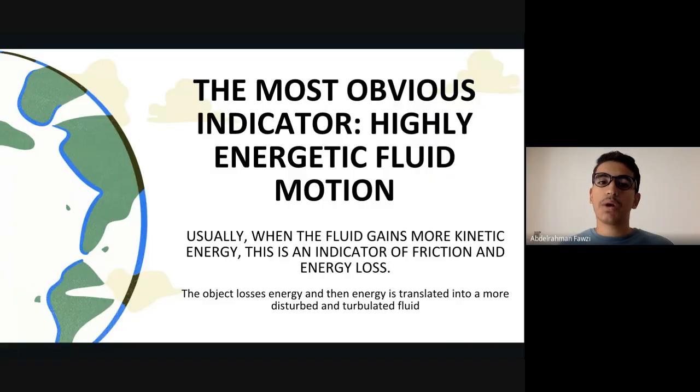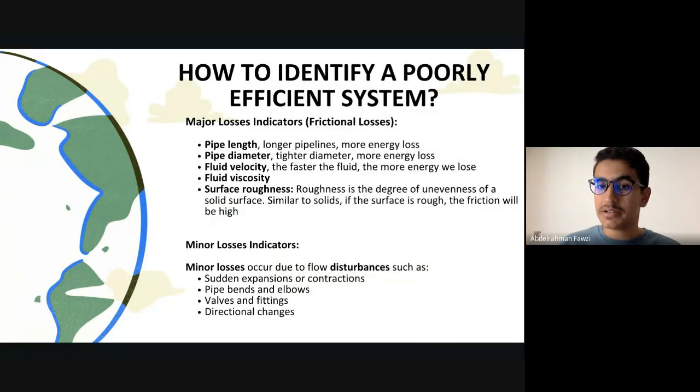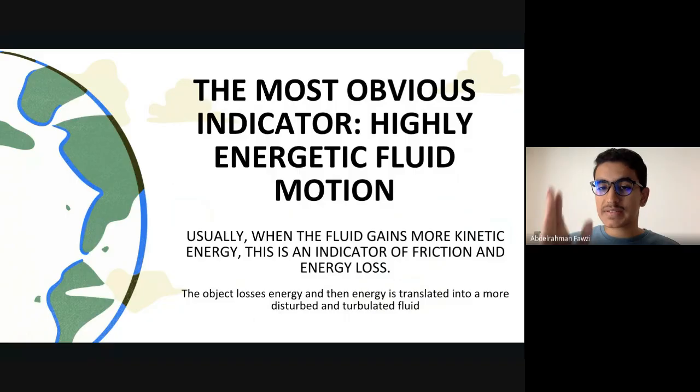And we're dealing with the most obvious indicator. So, you can literally forget about anything that we talked about here, because this indicator is very crucial. You usually think of the friction as being caused by the turbulence.